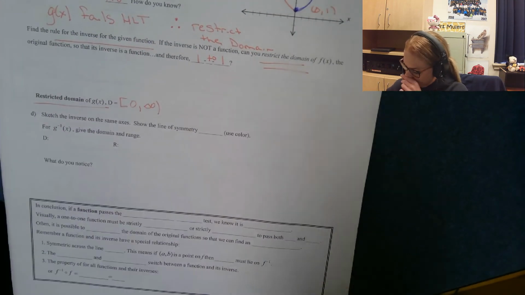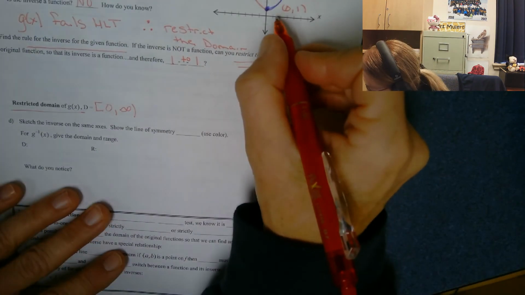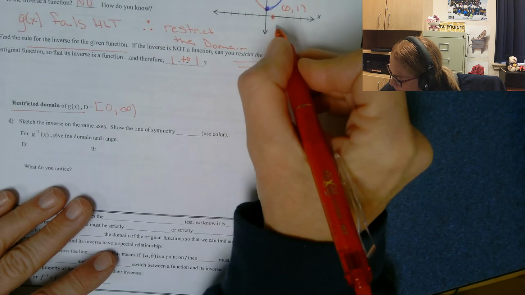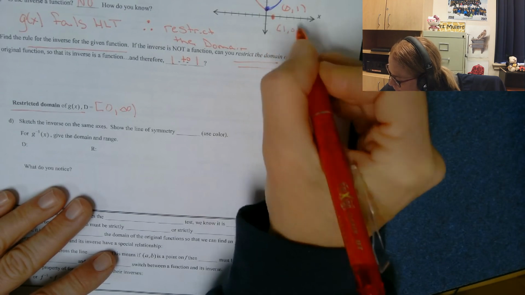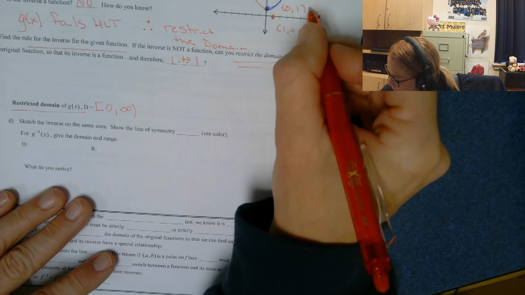All right, so sketch these on the same axis. This one now would be in the blue. This would be (0, 1), so I do (1, 0), and (5, 2). And so the inverse on the restricted domain would look like this.